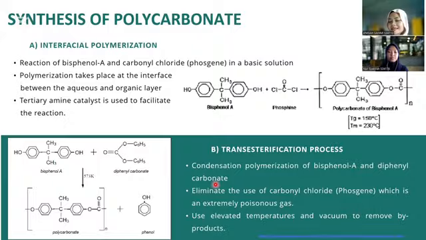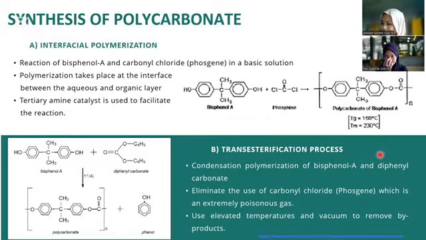The second synthesis is the transesterification process. It involves the condensation polymerization of bisphenol A and diphenyl carbonate. This eliminates the use of carbonyl chloride, phosgene, which is an extremely poisonous gas.